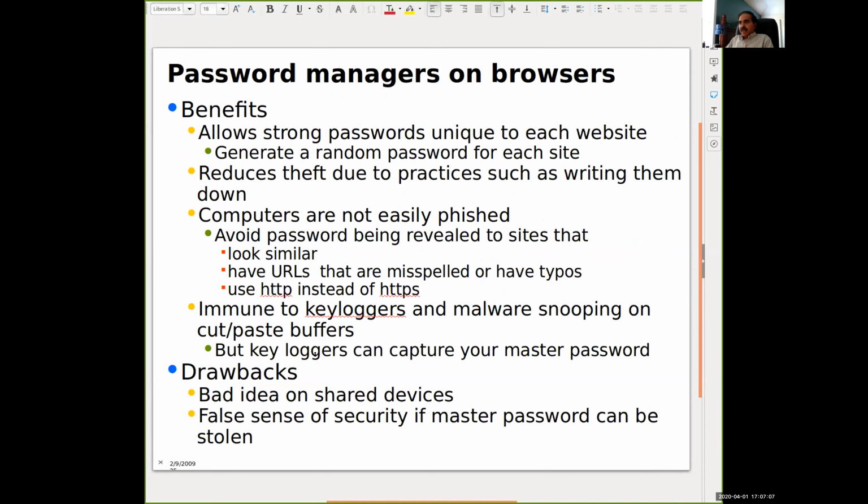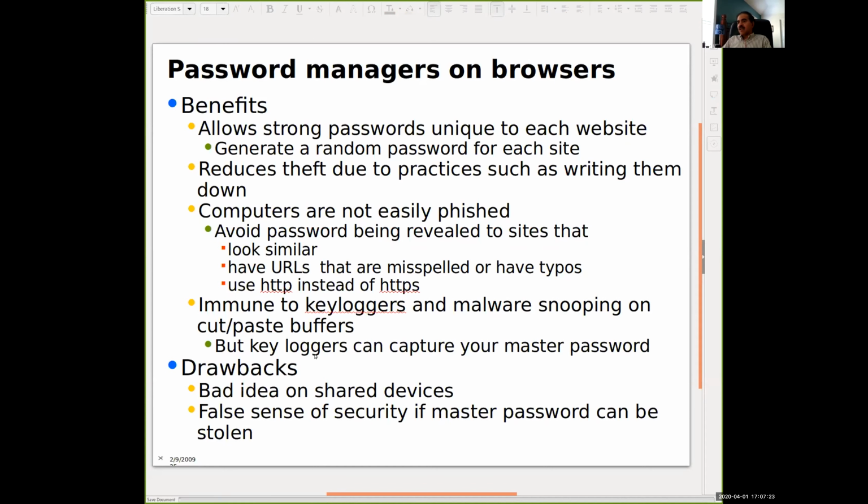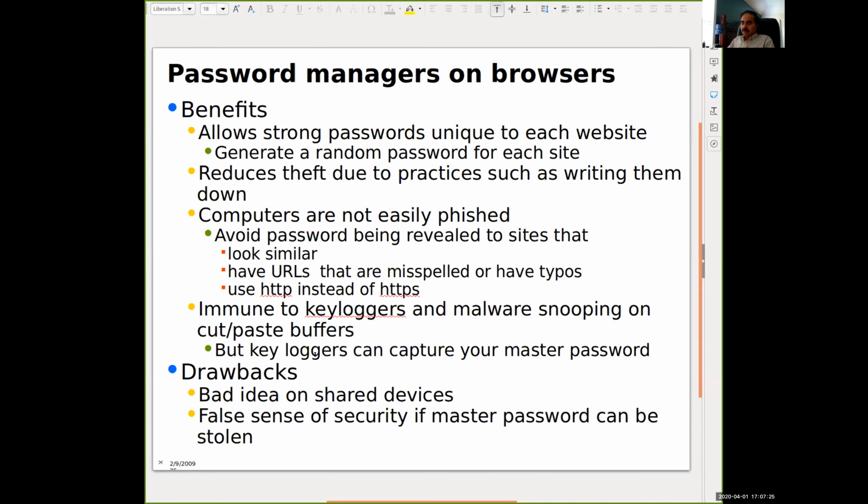So the password managers provide a secondary benefit that people do not really think about, and that is that computers are not easily phished, right? If you have a password for bank.com, then if you misspell the bank name, that's not going to confuse your browser, right?